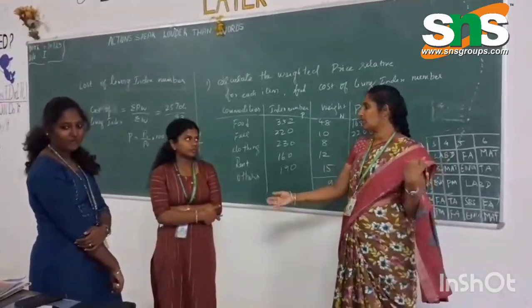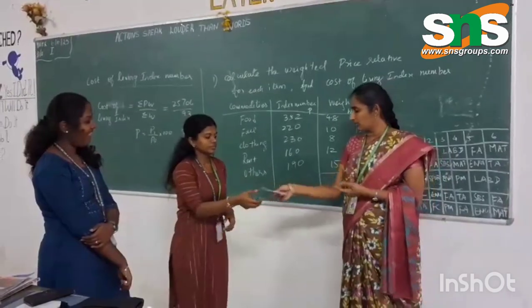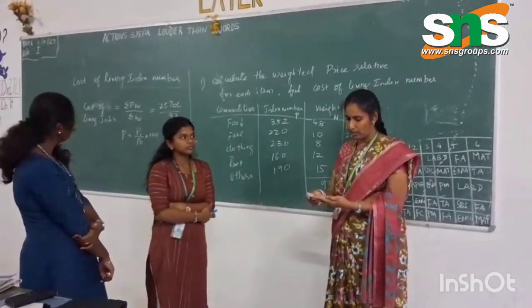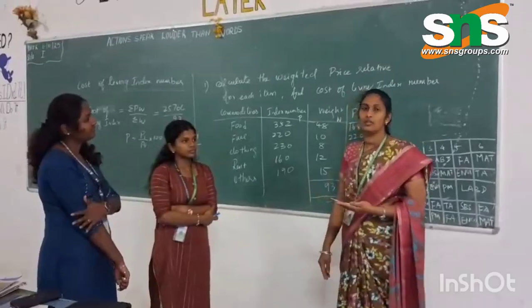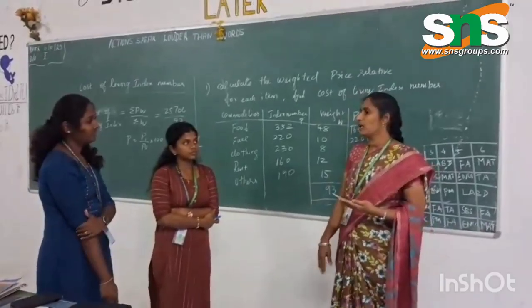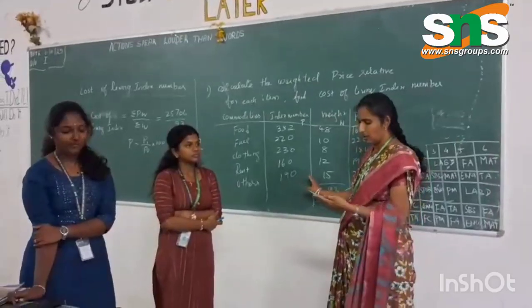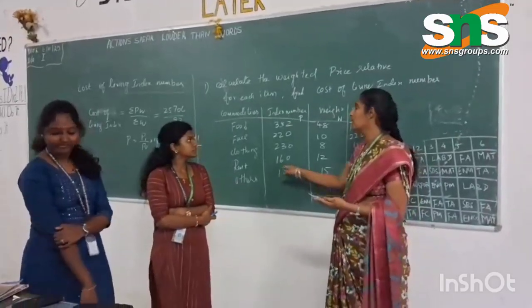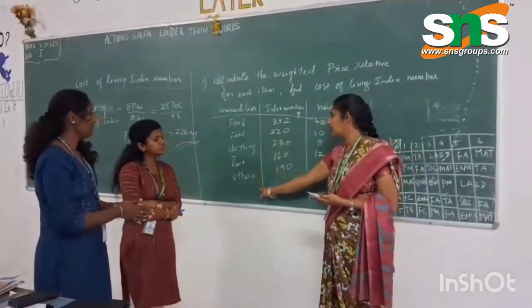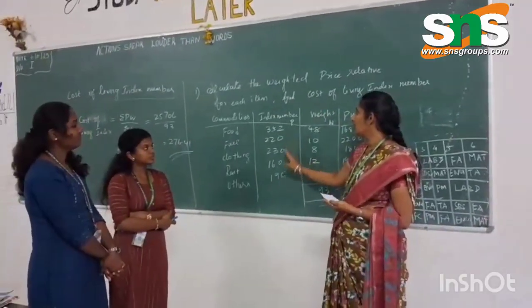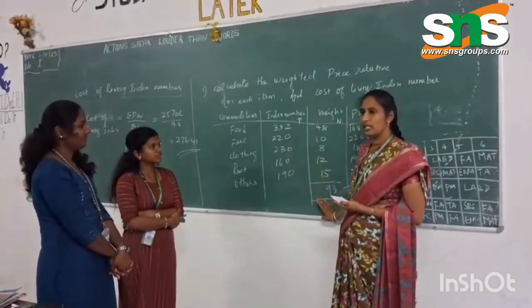In this case study, they have given the comparison between 2020 and 2025, how the cost of living changes from one year to the next. They have taken one fictional city, Metro Y city, and collected 5 commodities. Based on the commodities, they have split the index numbers and the weights.